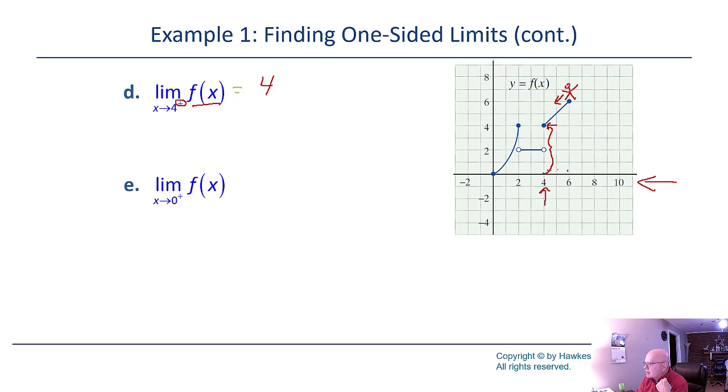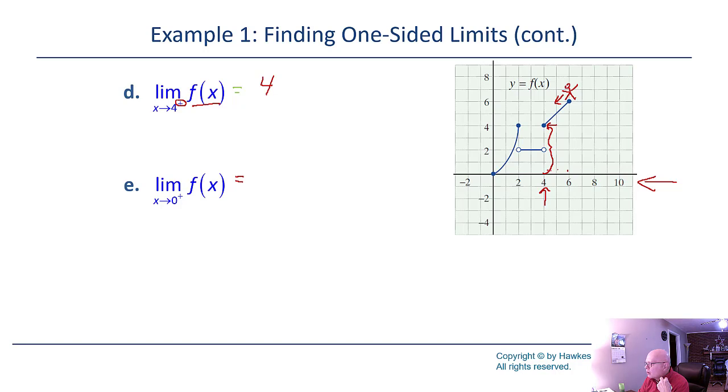Started out at 6, got closer and closer, smaller and smaller y values, until we got very, very close to a 4. We don't care about actually hitting it. It's all about what we're getting close to. Part E. See what we've got here. We're talking about 0 this time.